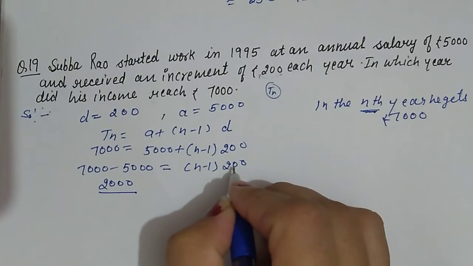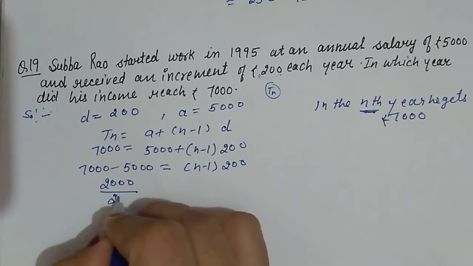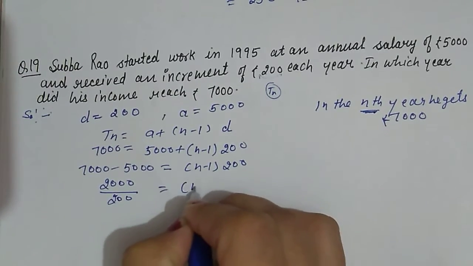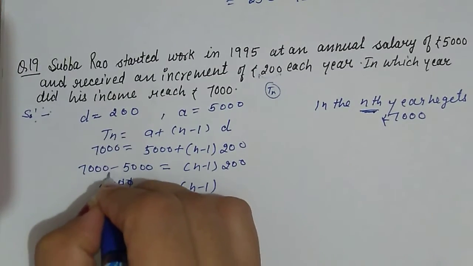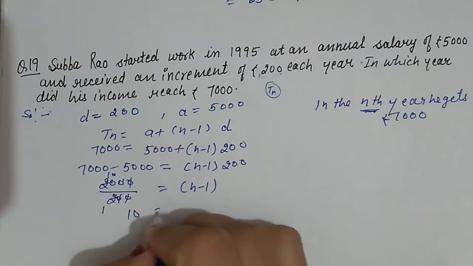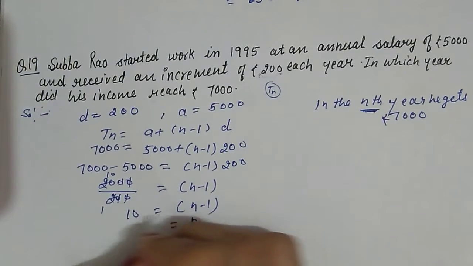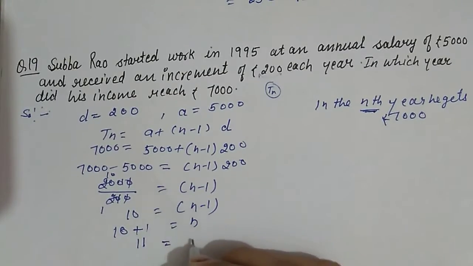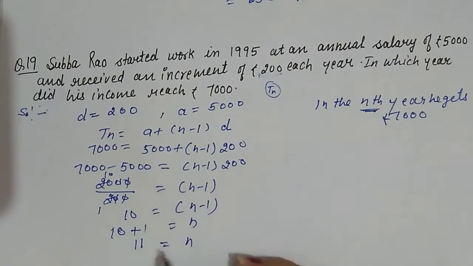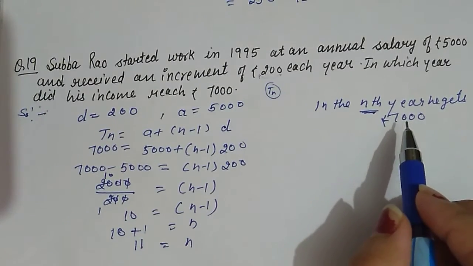So 7,000 minus 5,000 is equal to n minus 1 into 200. When we subtract, we will get 2,000. Now the 200 multiplying on the right goes to the denominator, so 2,000 divided by 200 is 10. It means 10 is equal to n minus 1, and n is equal to 10 plus 1, which is 11. It means in 11 years his income became 7,000.